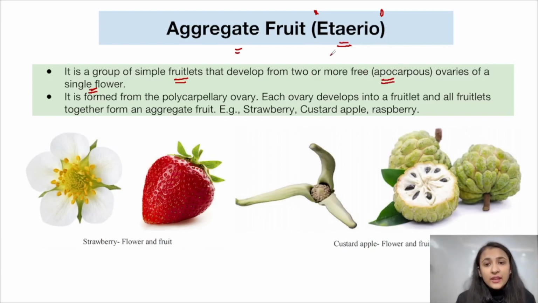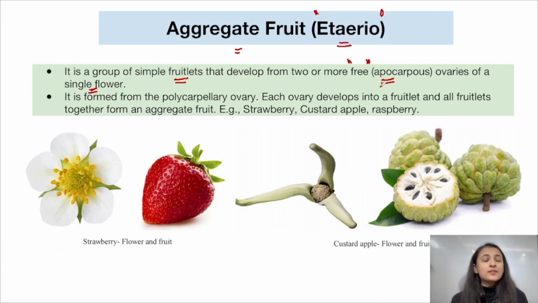Note the term free. Previously, the ovaries were fused with each other to form a single ovary. But in the case of aggregate fruits, two or more free ovaries need to be present in a single flower in order to give rise to an aggregate fruit.